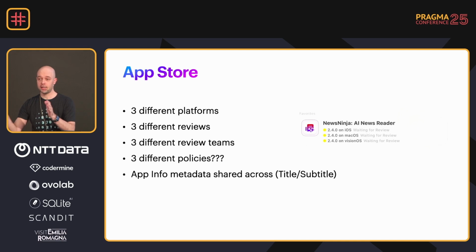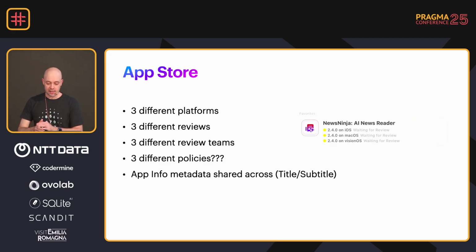These are all shared, and they propagate across all platforms. And then you have specific per-platform information, like, for example, release notes, screenshots, description. So you have this distinction. This means that the title, for example, is shared across all platforms.